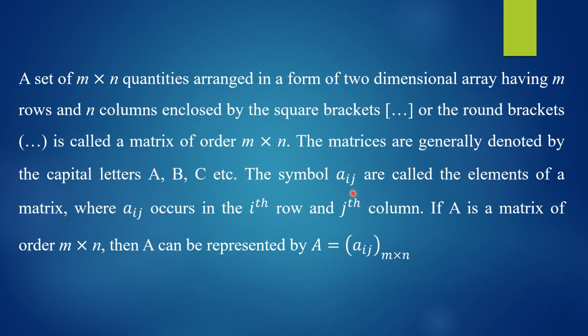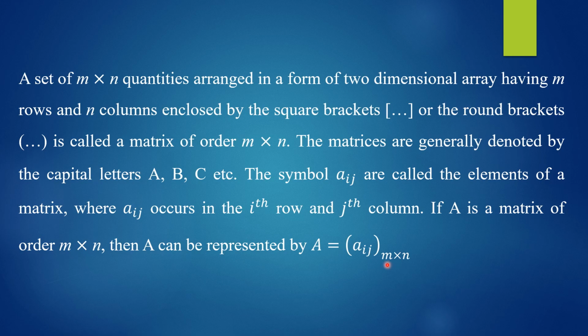A matrix having the elements Aij can be written in a compact form: A is equal to Aij of order m by n, where m is the total number of rows in the matrix and n is the total number of columns in the matrix.